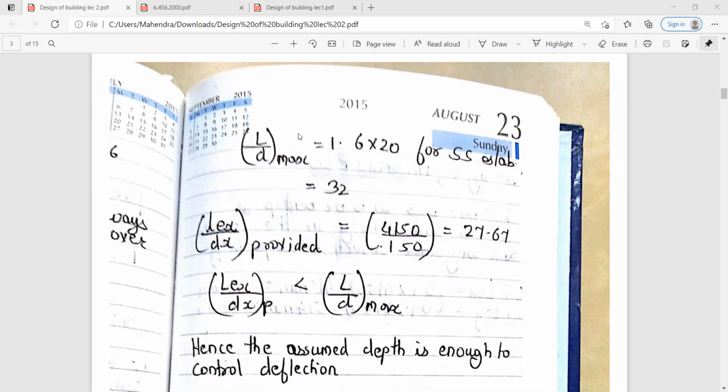And calculate this L by D ratio for maximum as well as for the provided.